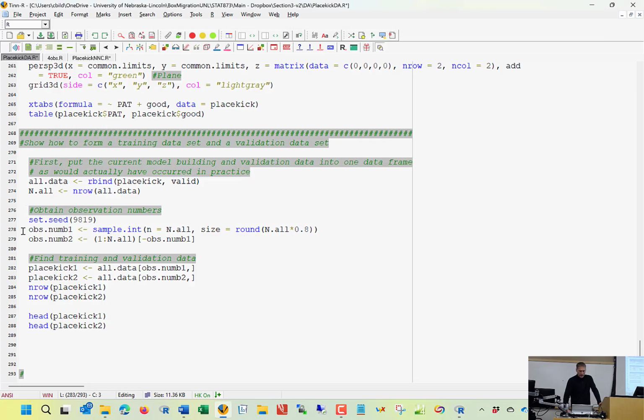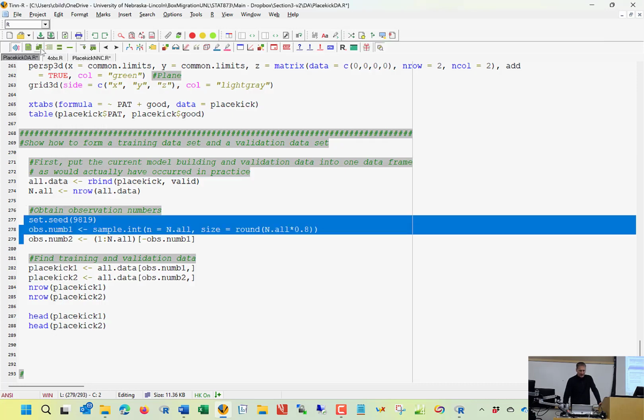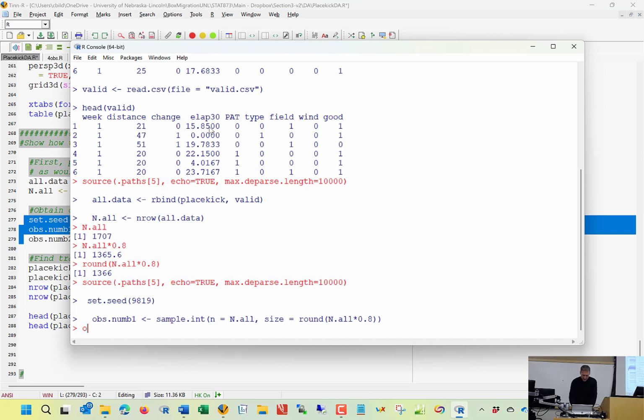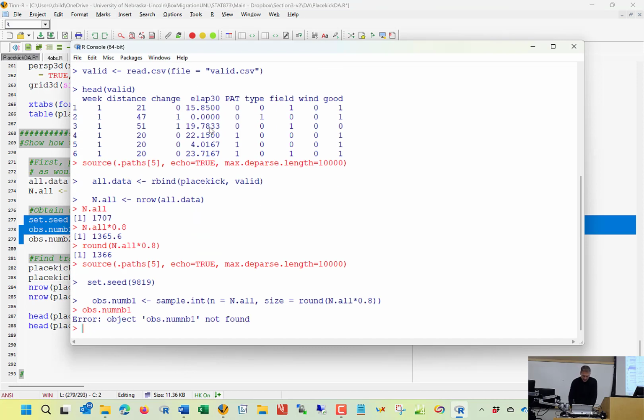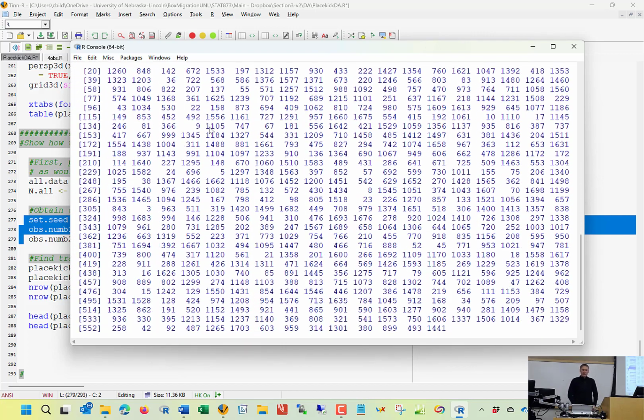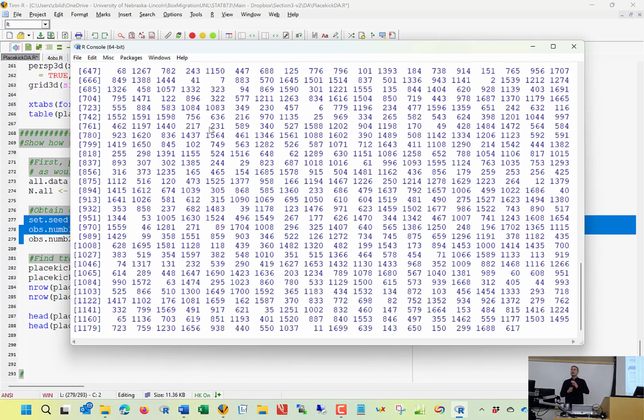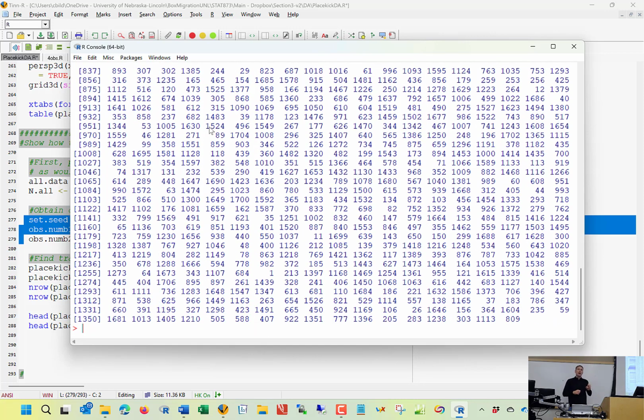I'm going to put that into an object called obs.num1, for lack of a better name. And this represents which observations I'm going to pull out of my all.data and put into my training data set.